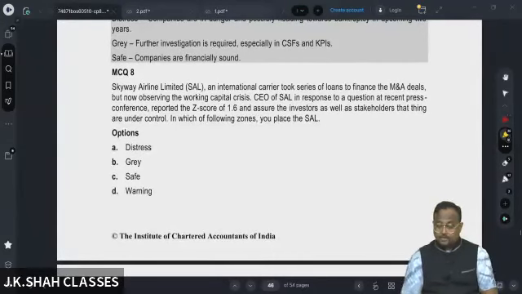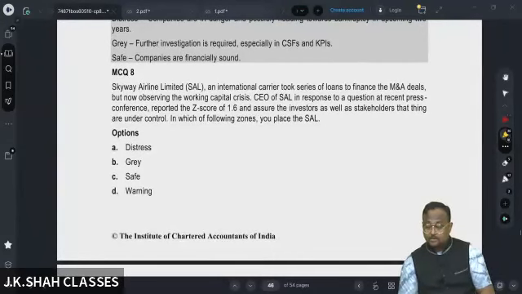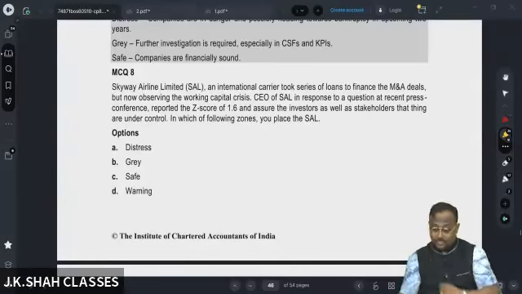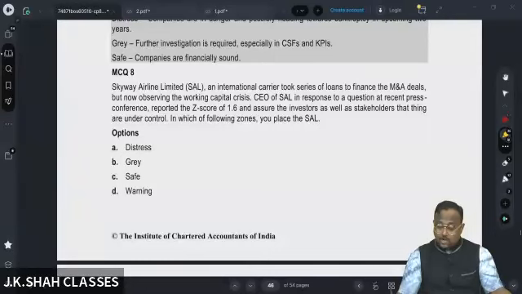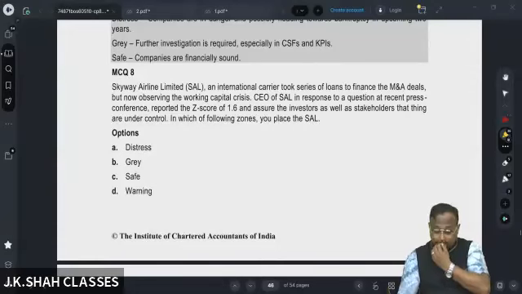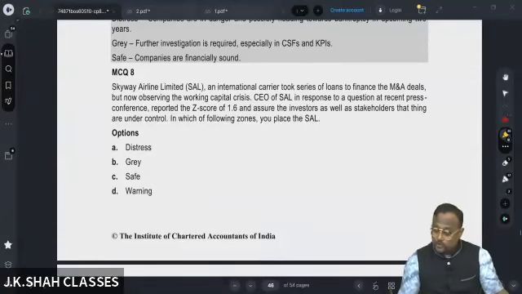Skyway Airline Limited, an international carrier, took a series of loans from finance for M&A deals, but is now observing a working capital crisis. The CEO of SAL, in response to a question at a recent press conference, reported that a Z score of 1.6 assures the investors as well as stakeholders that things are under control.